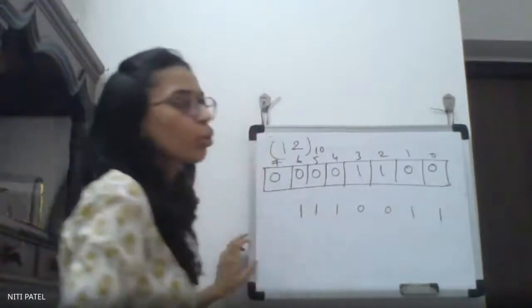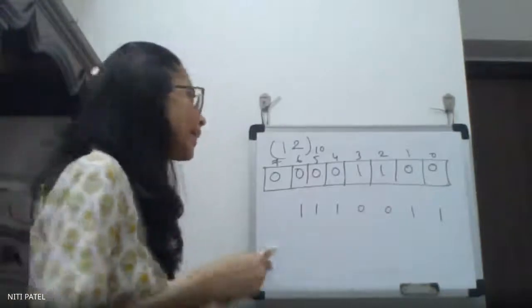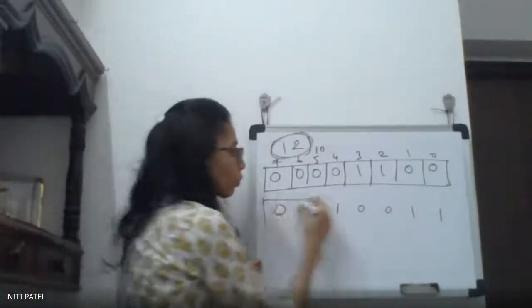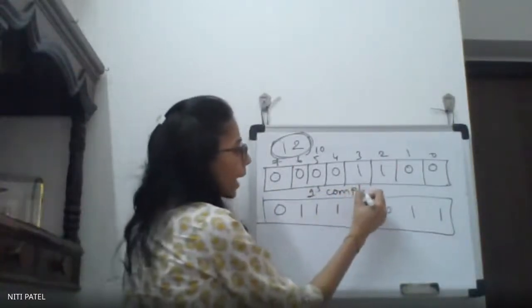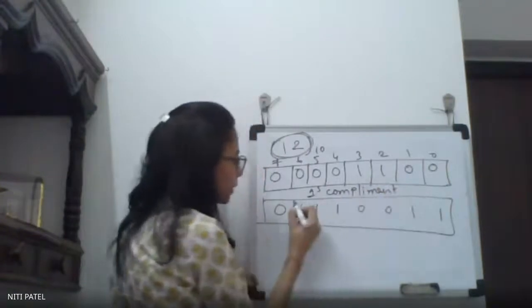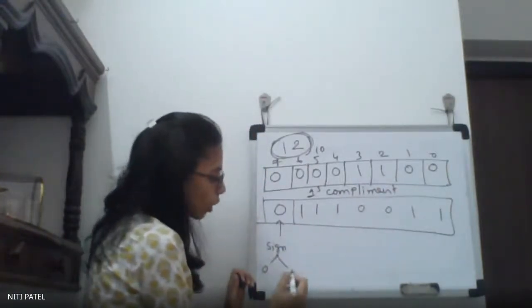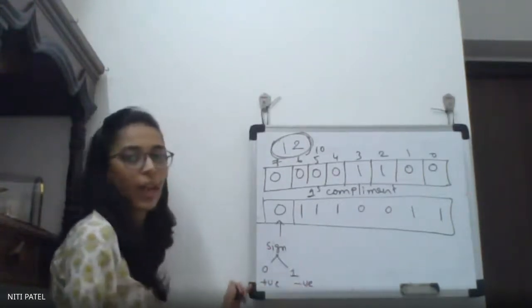Now what do I do with the first bit? 0 only, because it is positive. Yes, we have to keep the bit as it is because the number is positive. So when I calculate ones complement, what is the format? Keep the sign bit, either 0 or 1: 0 when it is positive and 1 when it is negative.